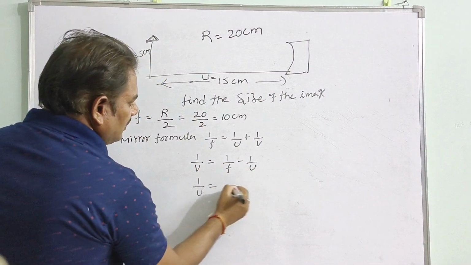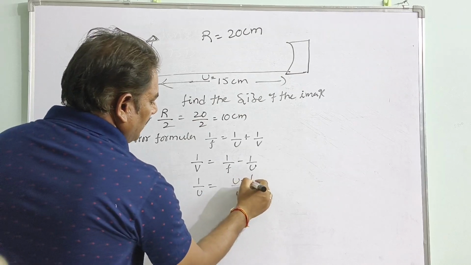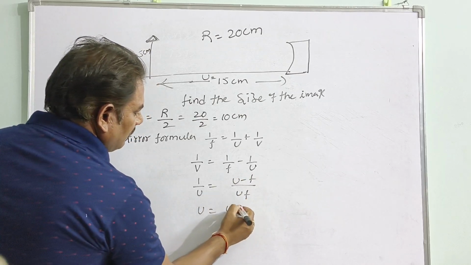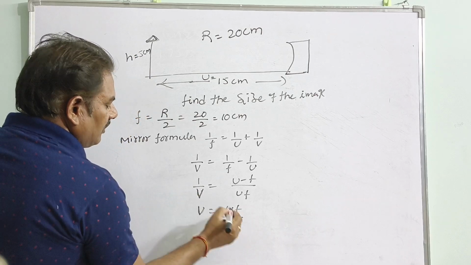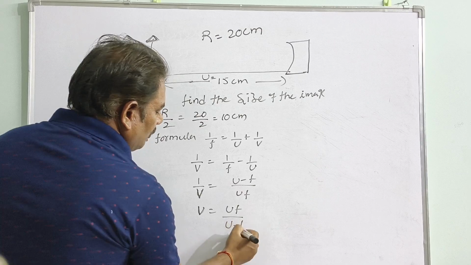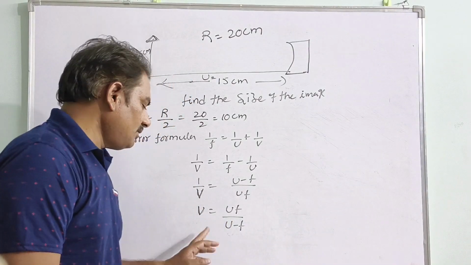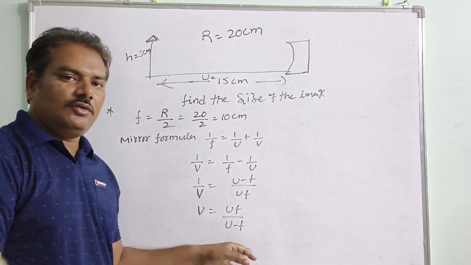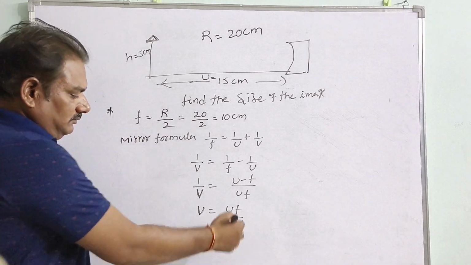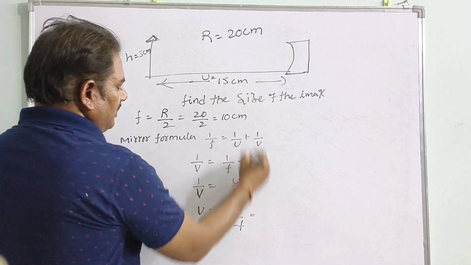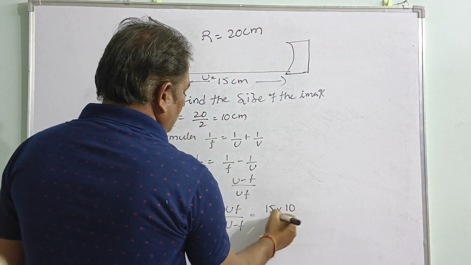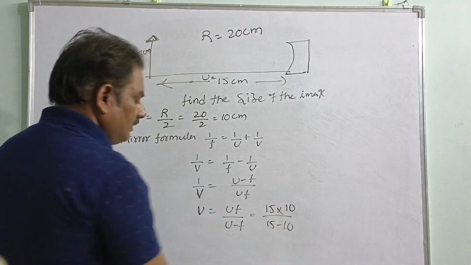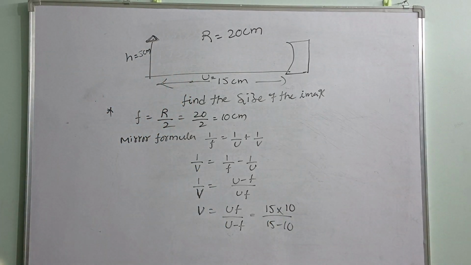So v is equal to uf by u minus f. Substitute the values: u is equal to 15 into focal length value 10 by 15 minus 10.